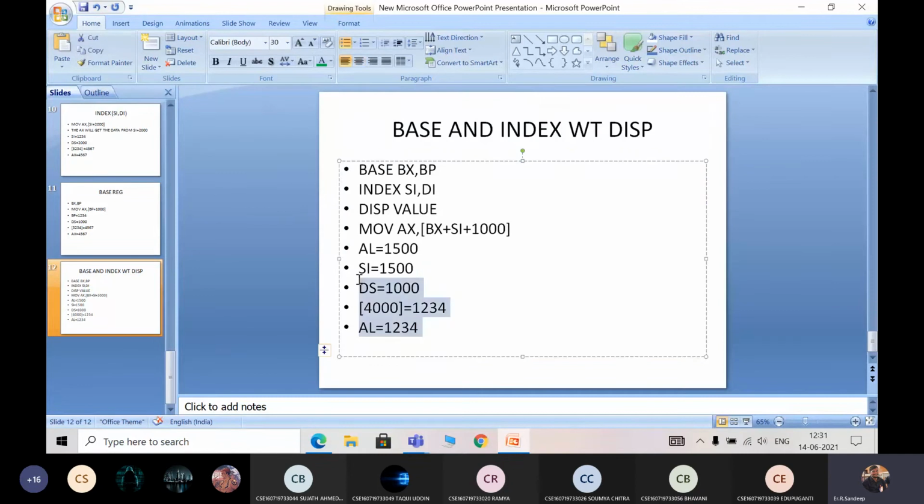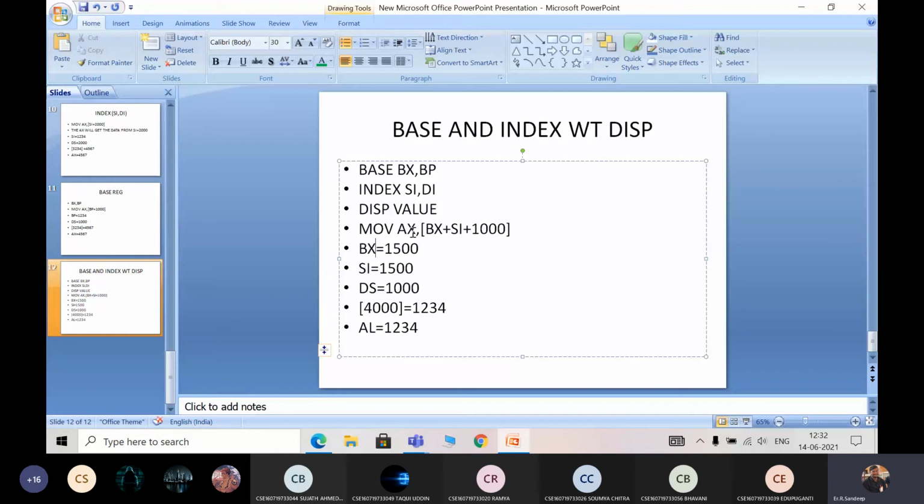Why I am explaining all of this with the help of examples is, you will sometimes get problems in the 2 marks questions and the 5 marks questions. That's the reason I am explaining each and every addressing mode with numerical examples. So they will give it like this. Let us assume the BX value is 1500, the SI value is 1500, the displacement is 1000, and the 4000 location has the value 1234.